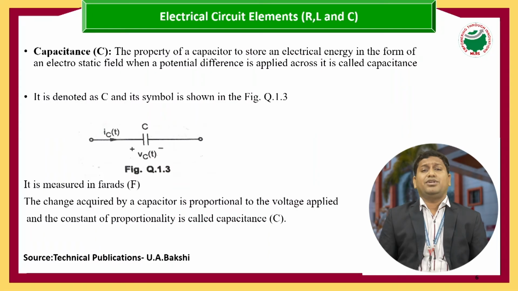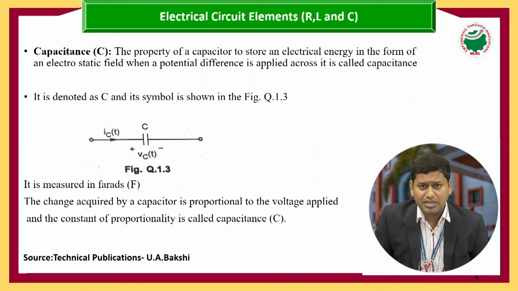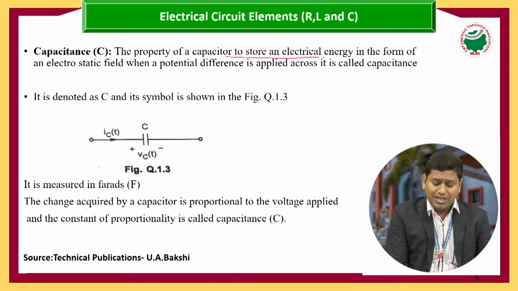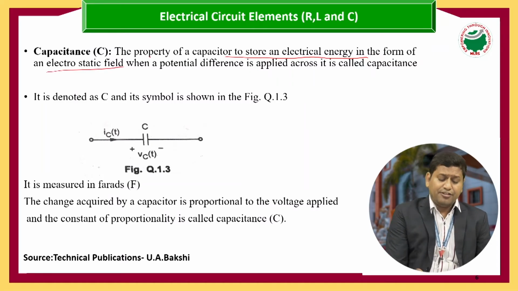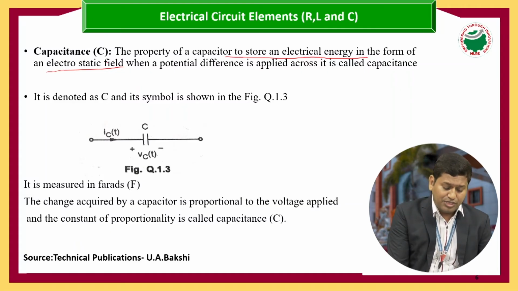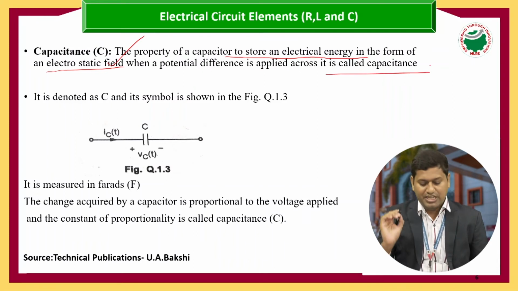Next we are going for capacitance. The property of a capacitor is that it stores the electrical energy in the form of electrostatic field when a potential difference is applied across it. This is called capacitance.